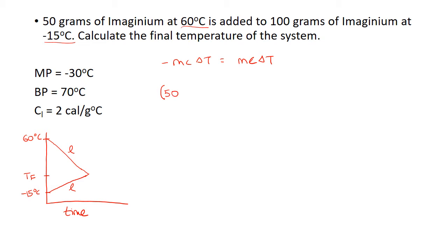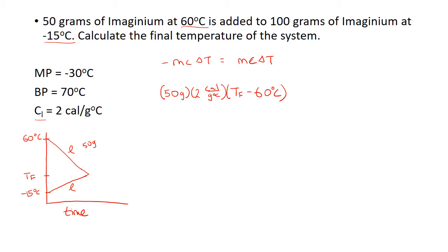So we have 50 grams. The C value for the liquid, it's given over here, is 2 calories per gram degrees Celsius. And the 50 grams is dropping in temperature. It's going from 60 down to TF. So we're going to do TF minus 60 degrees Celsius.